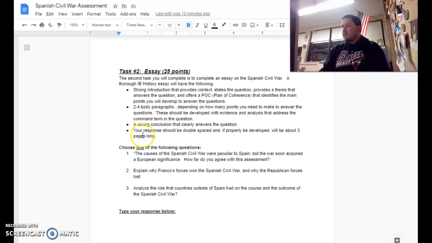Okay, I finished up with a strong conclusion that clearly answers the question. This should be double spaced, should be roughly 3 pages. Sometimes they go longer. You'll be surprised that when you write an essay in a way that has appropriate depth, that 3 pages is rather easy. Typically, you'll end up writing more like 4 or 5, but that's what it would look like.